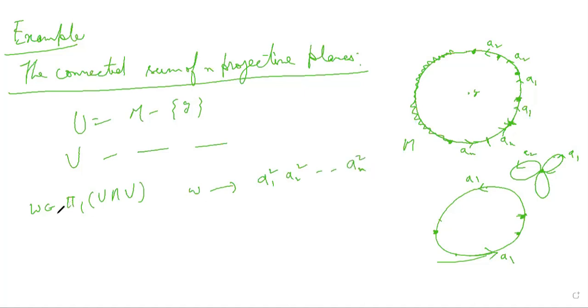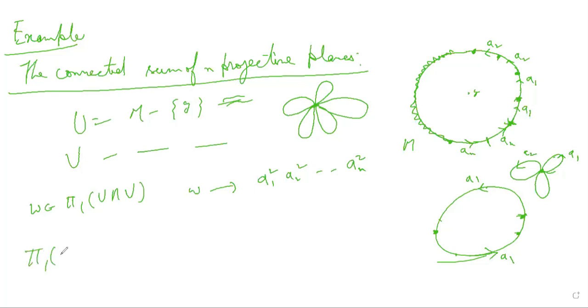And this U deformation retracts onto n circles with exactly one point common. So its fundamental group is the free product of n copies of Z.